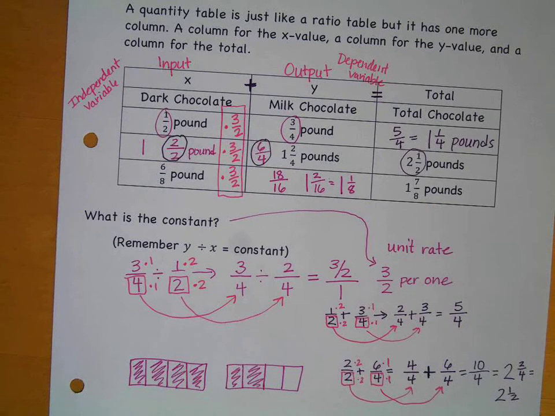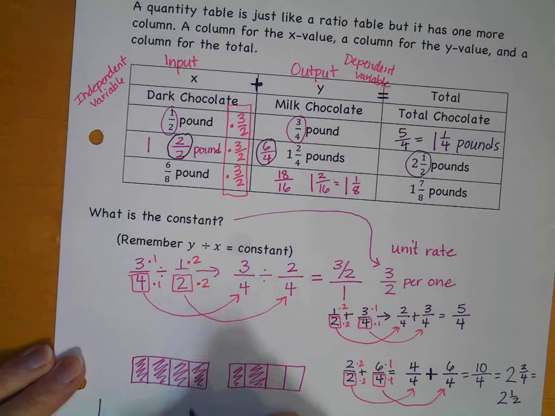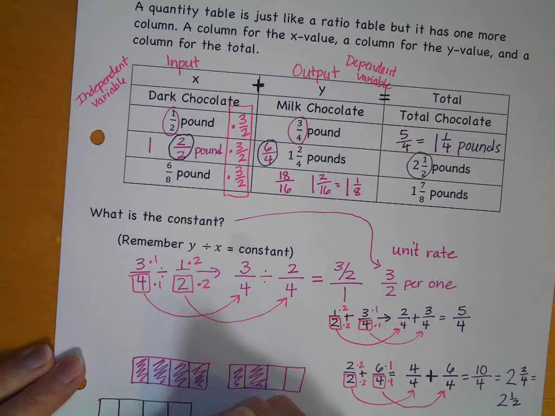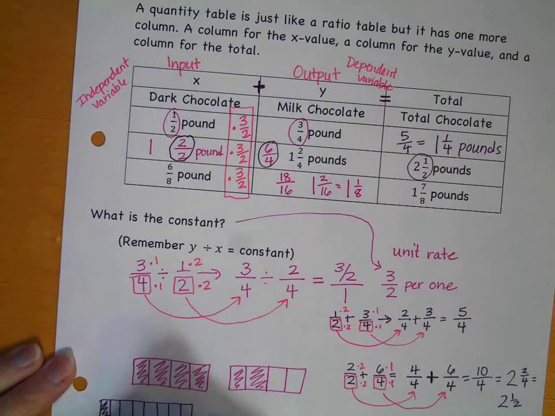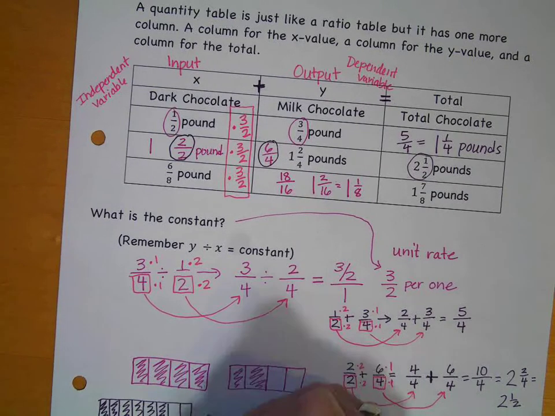Okay? So now, to make sure we remember what we were doing, you take this amount plus this amount, and you should get that amount. If you want to do it the easiest way, for me, it would be to draw it, 6/8. Those are now 8s, and we have 6 of them. So 1, 2, 3, 4, 5, 6.